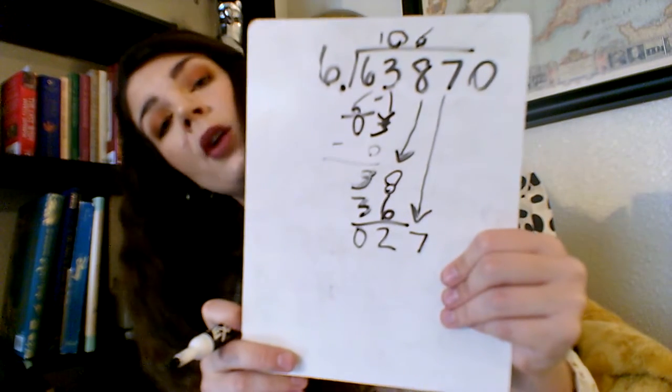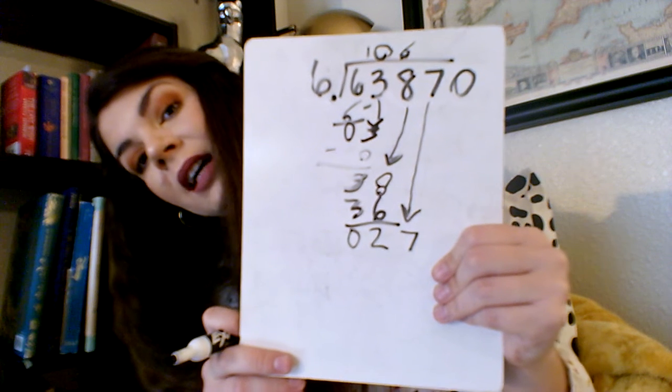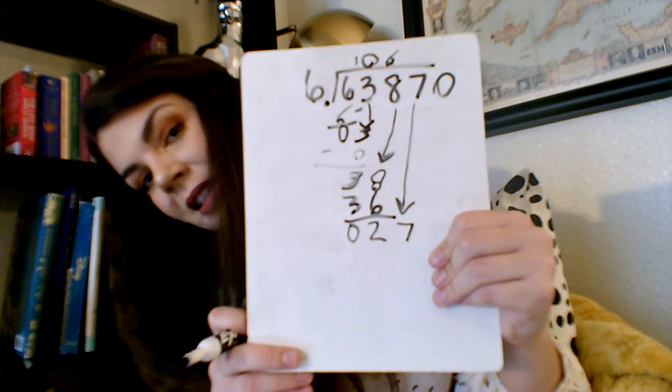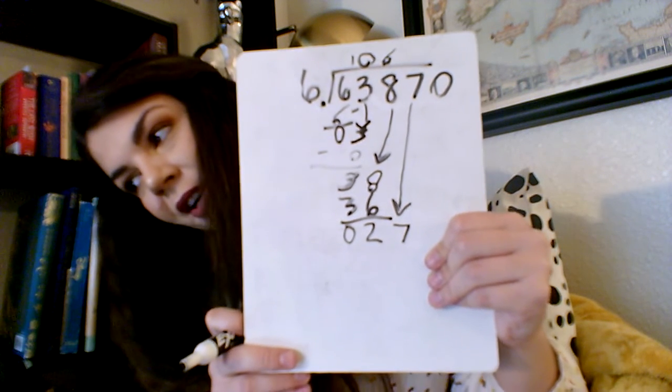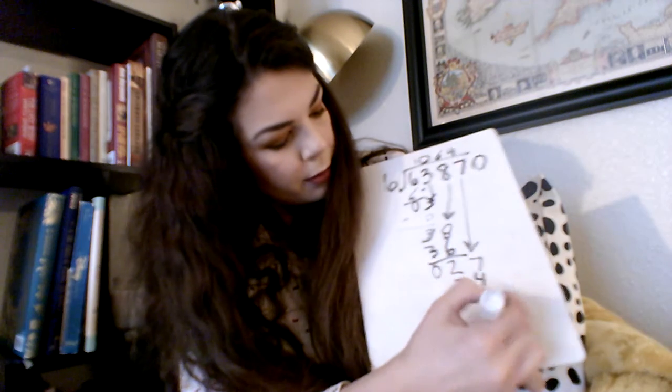How many 6s go into 27? 6 times 4 is 24. 6 times 5 is 30. So, gotta be that 4. 6 times 4 is 24. Okay. I put my 3.